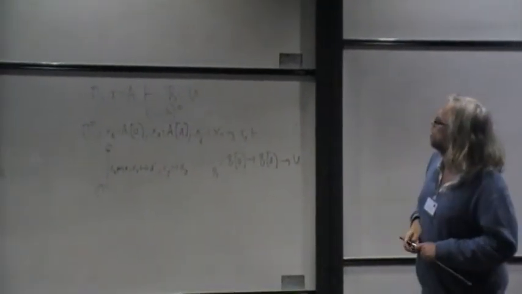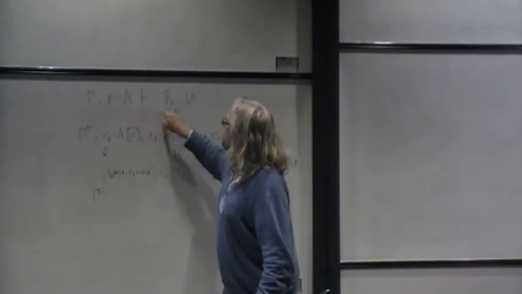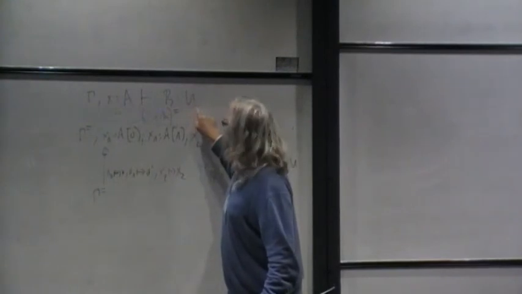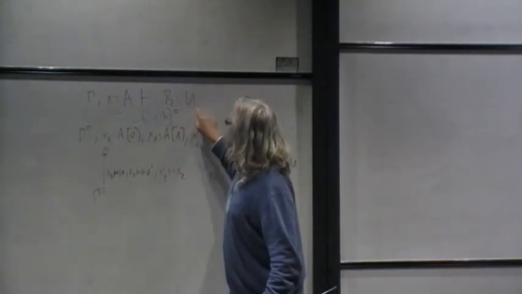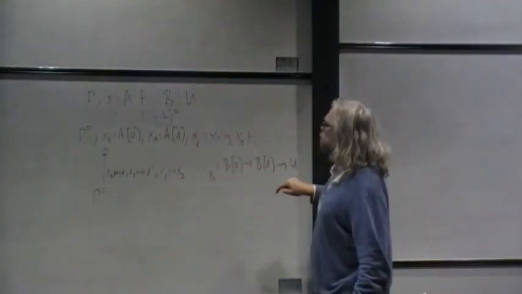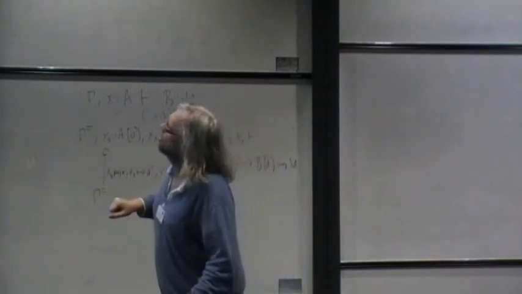So B is the type, right? In the context gamma, x colon A, B is the type. Oh, I see. So the bracket 0 is serving two purposes. On the one hand, A bracket 0 is a variable, and on the other hand, B bracket 0 means some sort of substitution. No, I think you're misreading. The substitutions are coming in from the left, so it's not substituting into B, it's substituting into B prime. Substitution into tilde B.